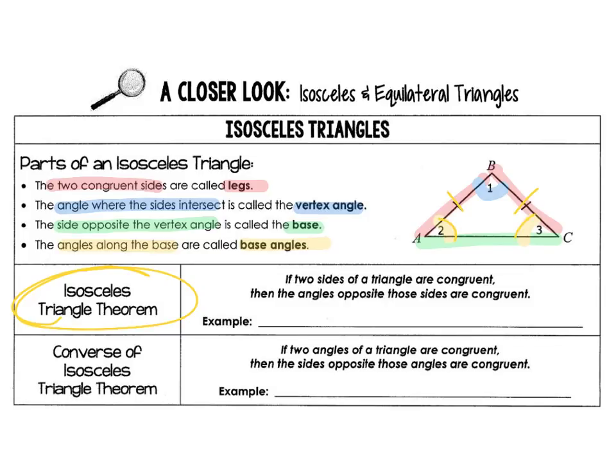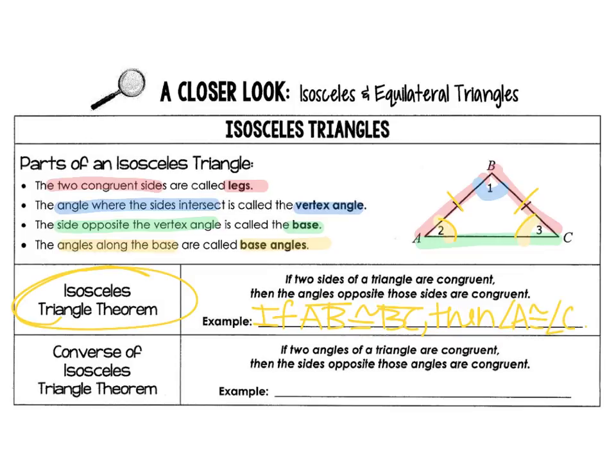How we would write that out, using this example, is we would say if AB is congruent to BC, then angle A, or 2, is congruent to angle C, or 3.